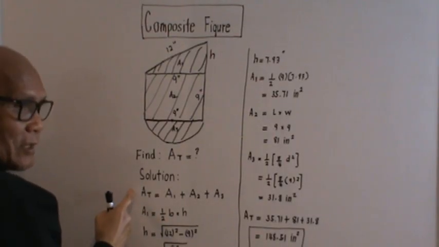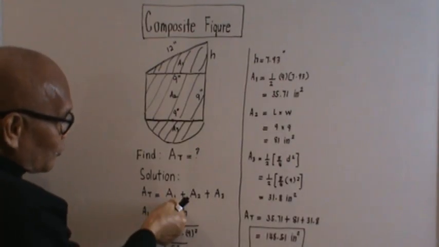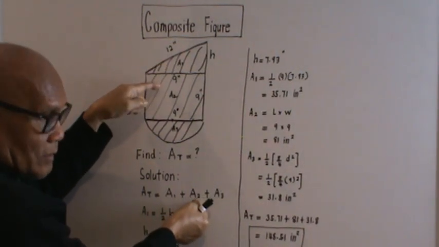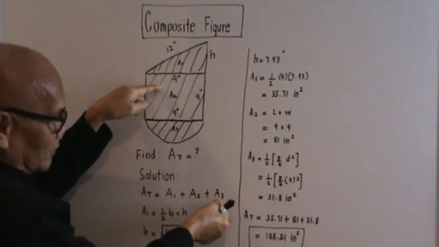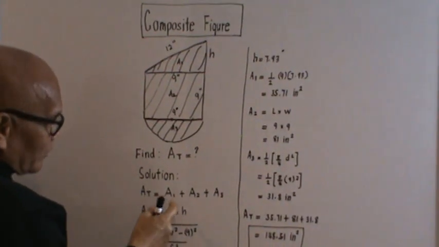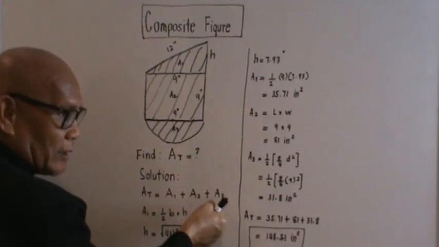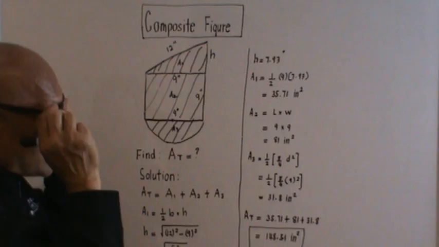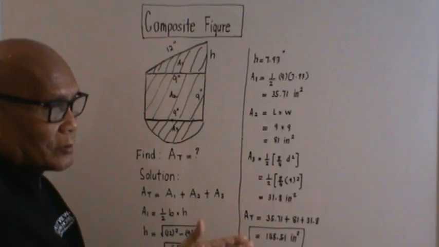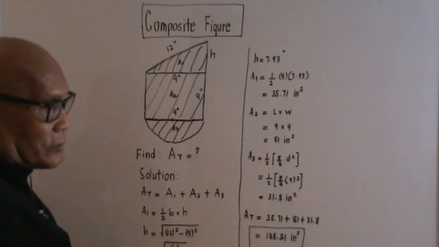Total area, capital letter A with subscript T, will be capital A subscript 1, the top portion, capital A subscript 2, the middle portion, and capital A subscript 3, the bottom portion. Unluckily, the three areas are different from each other. That's why our topic for tonight is composite. They are of different configurations.